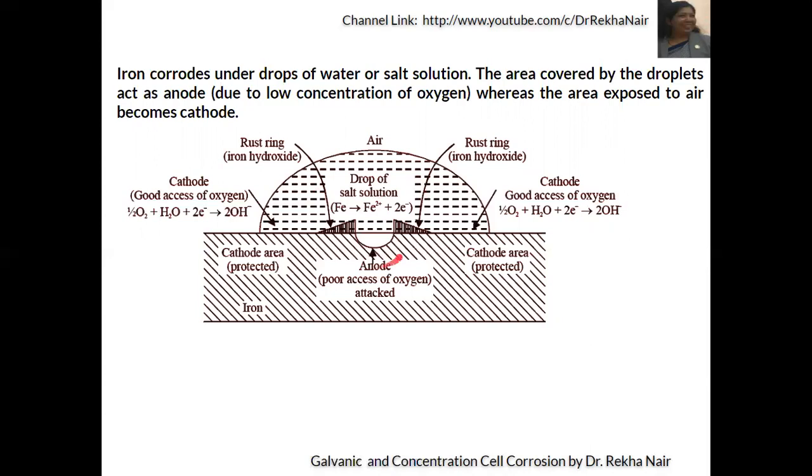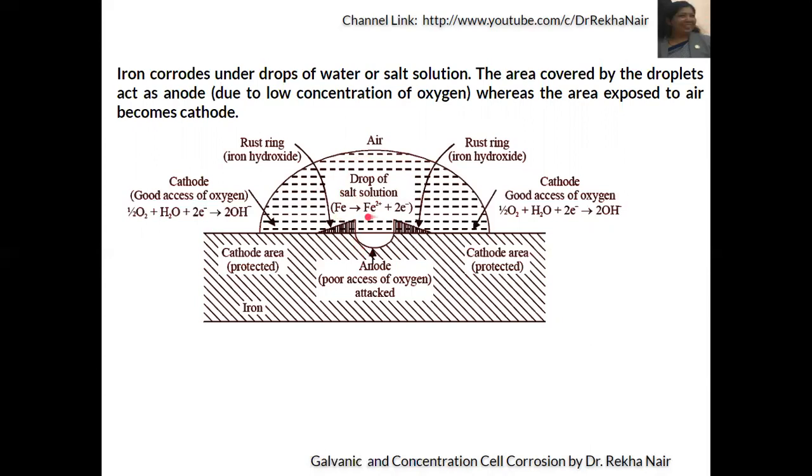So the smaller part will act as anode and the bigger part will act as cathode. If there are water or salt solution droplets, then again there will be a difference in concentration. Because the area of the anode is very small, the rate of attack will also be high.